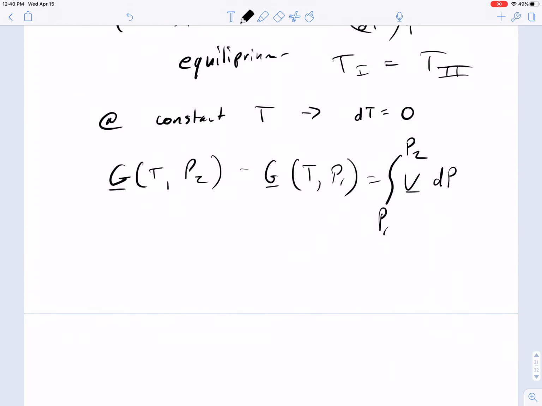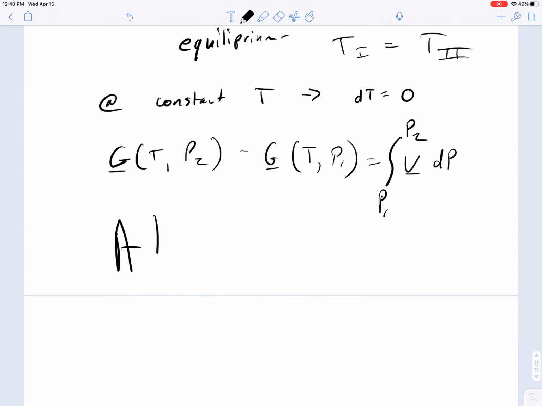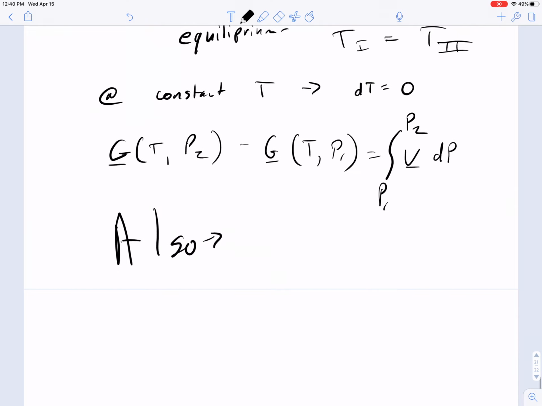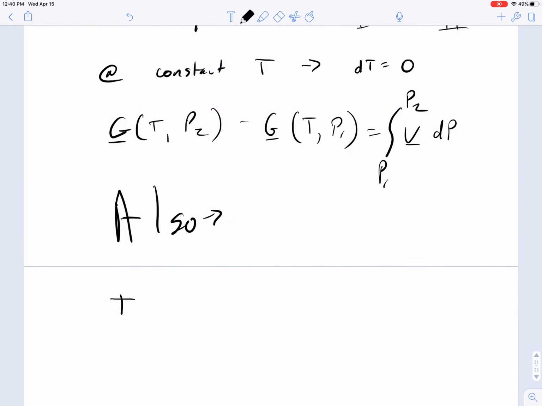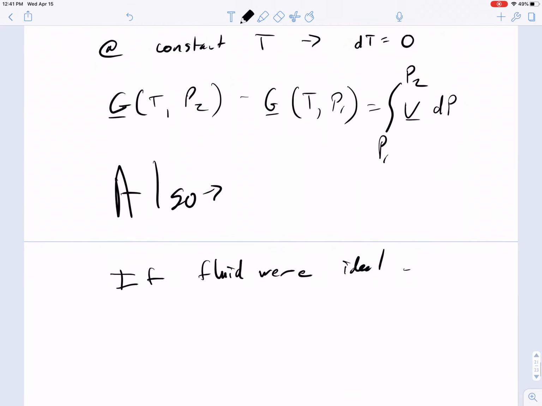Also, if the fluid were ideal, then this integral is very, very easy. Let's write down what the integral would be.